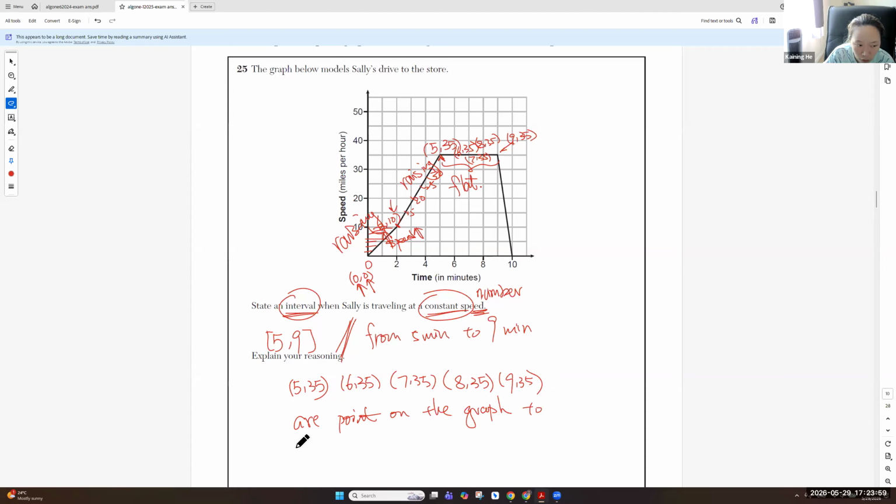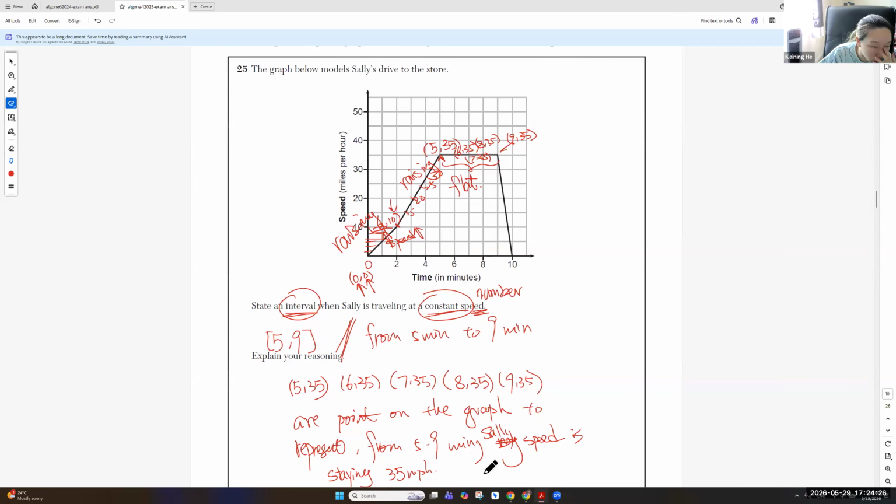These points represent that at different times, my speed is still the same. So from 5 to 9 minutes, Sally's speed is staying at 35 miles per hour.